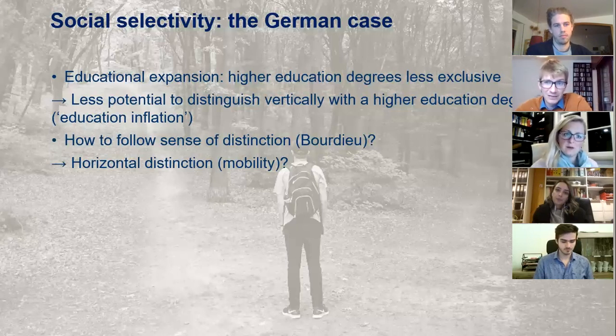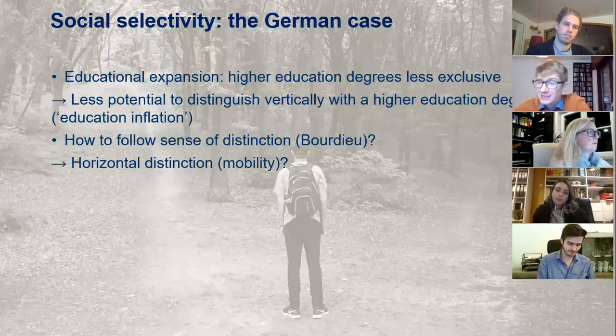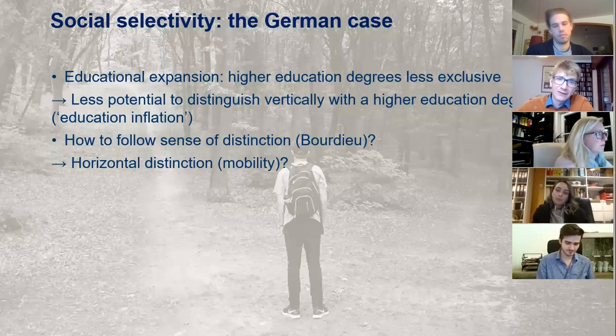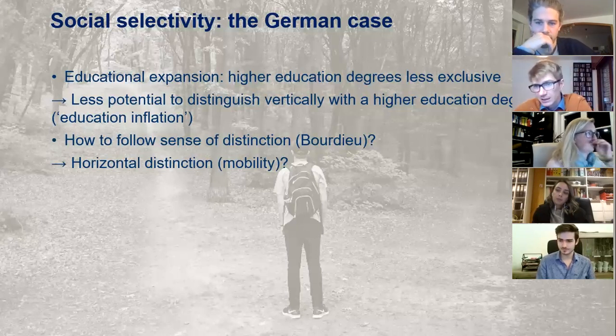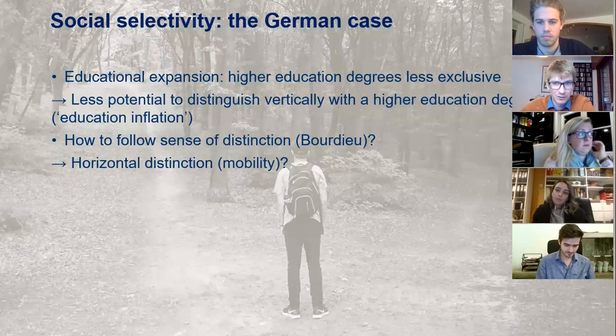Many more people have the same degree, so you're not very easily distinguishable from other persons who have the same degree. And so according to Bourdieu, people would search for distinction in other ways. That could be vertically, meaning that you go, for example, to Oxford or Cambridge, or you go to the United States to study at prestigious universities like Yale.